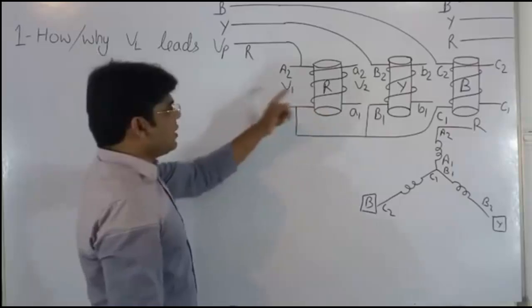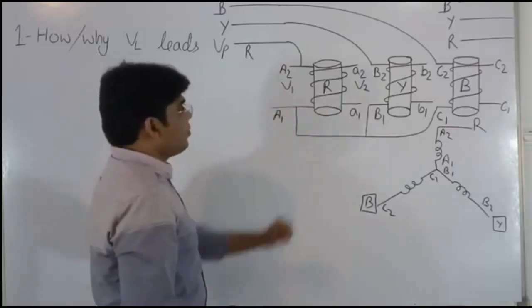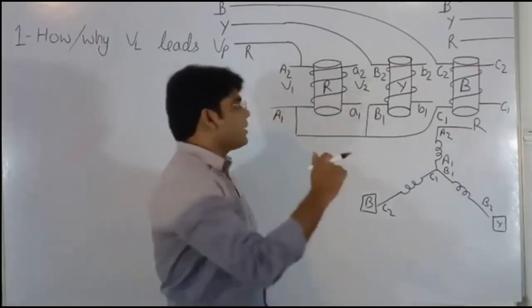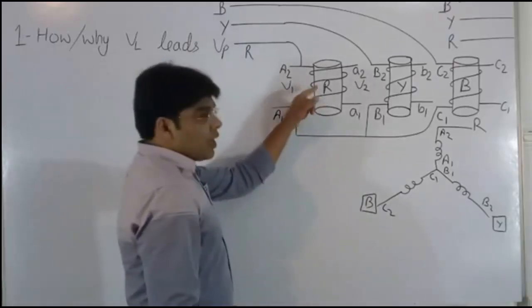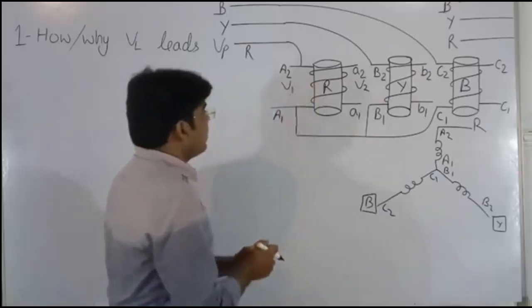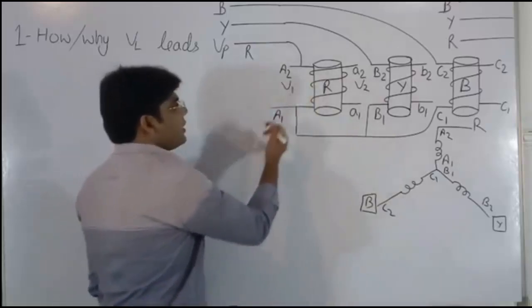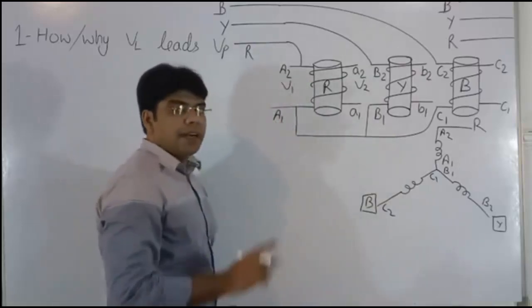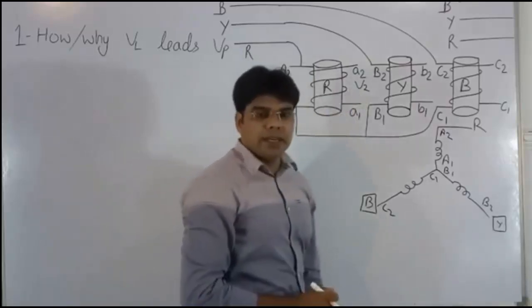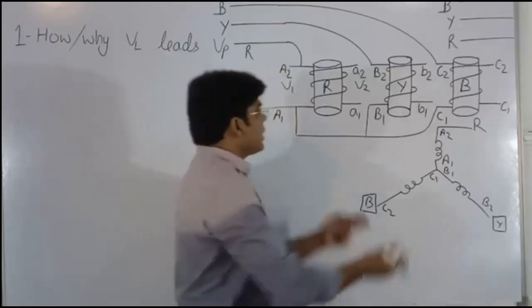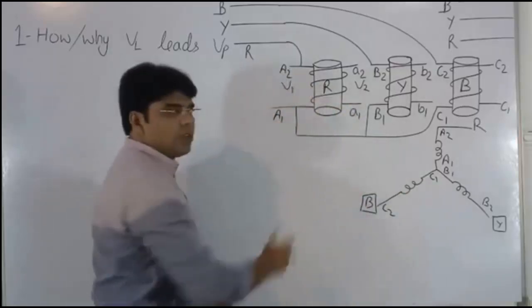If flux changes, V1 also changes, but V2 changes simultaneously. Suppose flux changes such that V1 is increasing, at the same instant V2 will also increase because the same flux links both the windings.